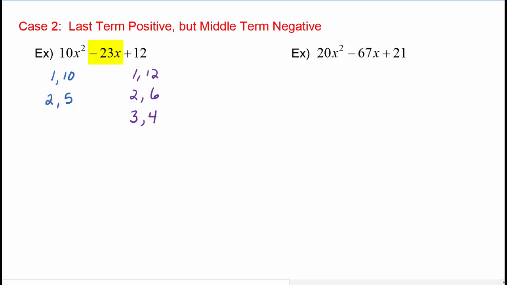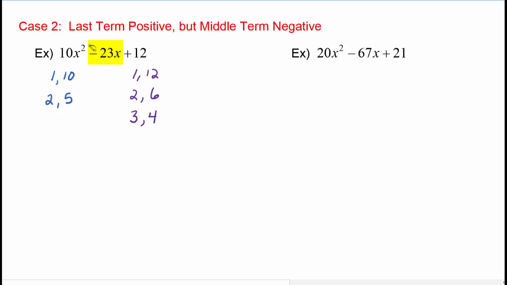So as we go through and try the various factor pairs, for example, we could try 1 times 12, which is 12, and 10 times 1, which is 10, but a negative 12 and a negative 10 would give us negative 22, not negative 23.